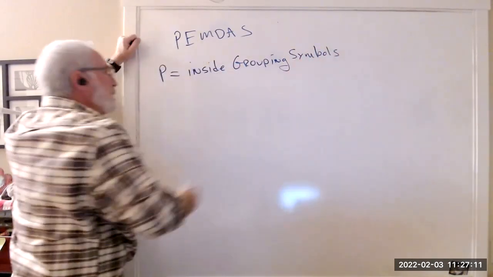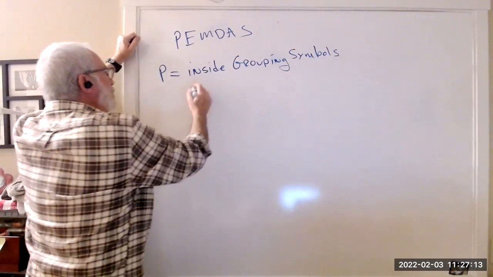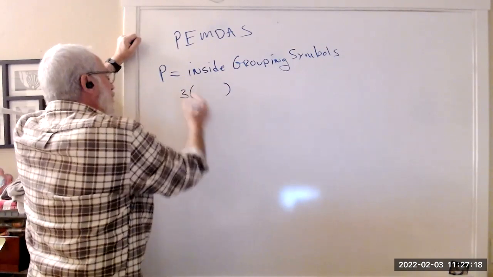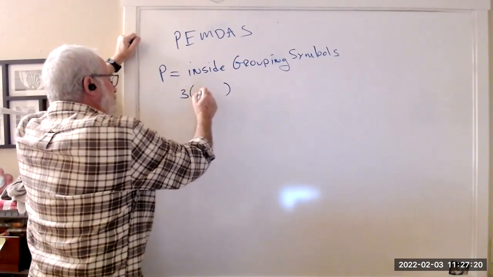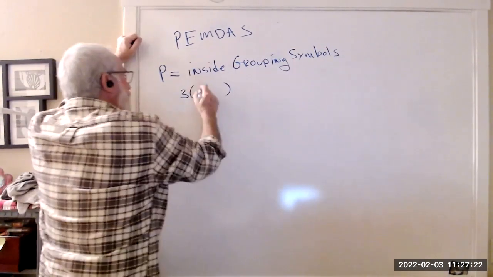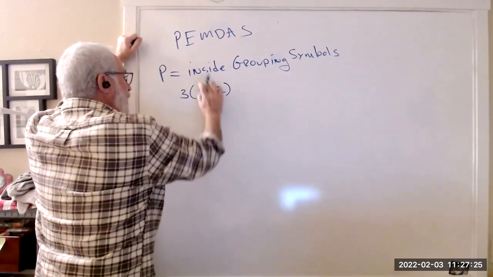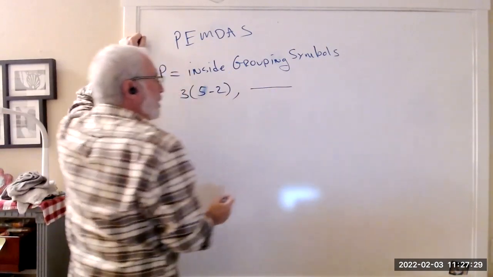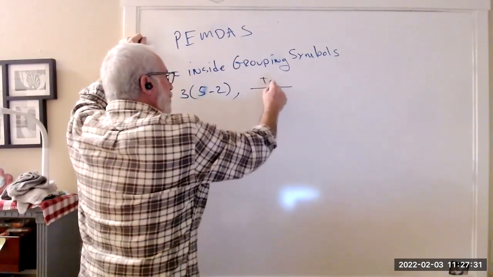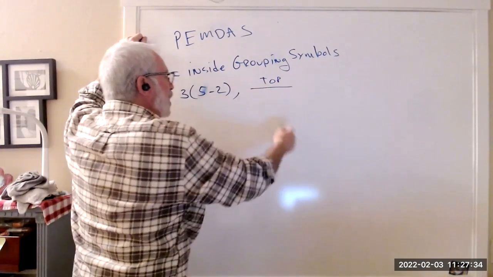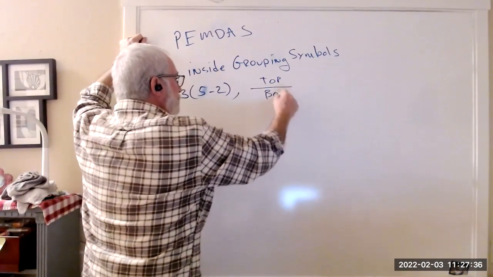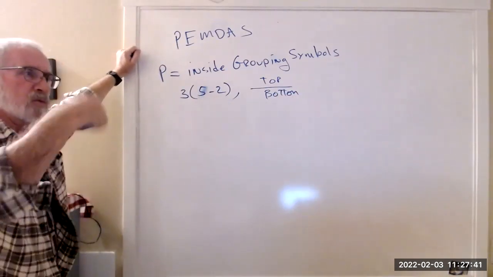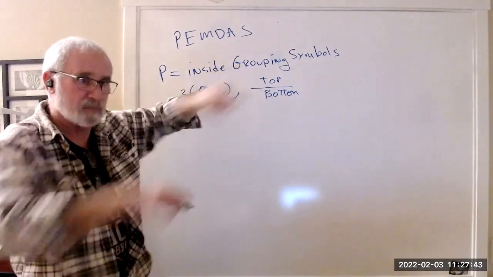And I made a big deal about that. The grouping symbols that we usually have are parentheses, like 3 times (5 minus 2) or something like that. But we also talked about how the fraction bar was a grouping symbol. You get the top, you get the bottom, and only then do you reduce. After the top and bottom become separate problems almost.